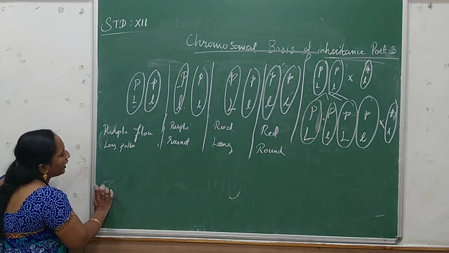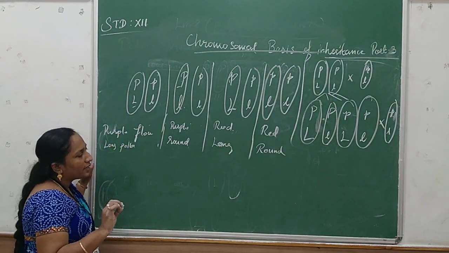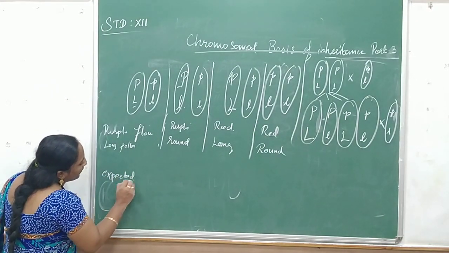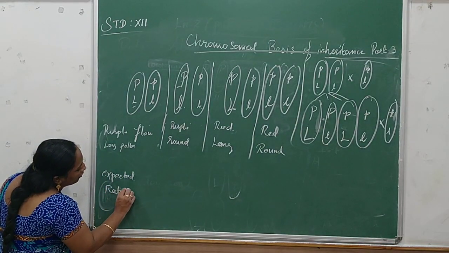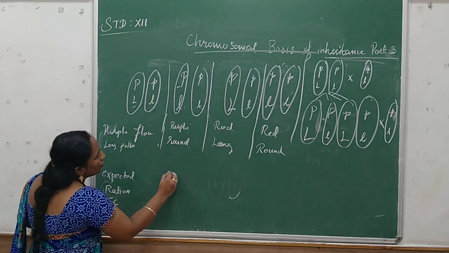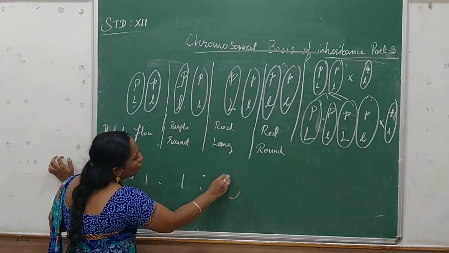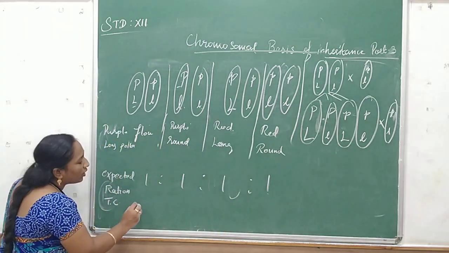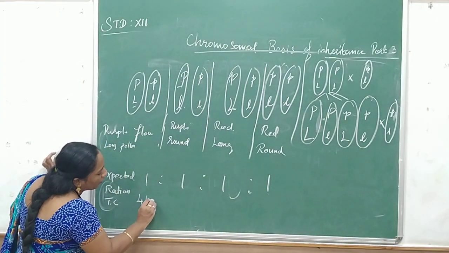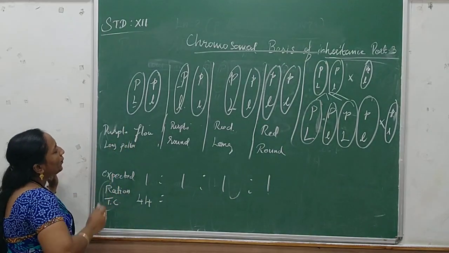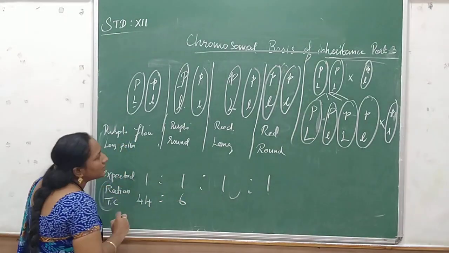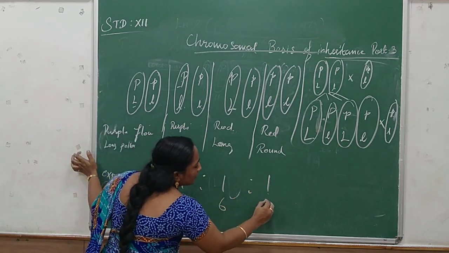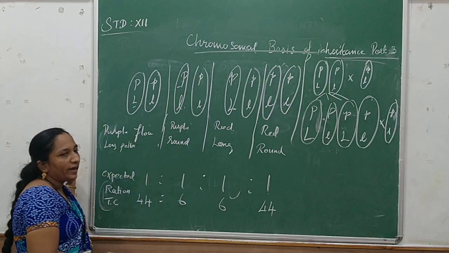Here, what ratio did they get? For a test cross, the expected ratio is 1:1:1:1. But instead of that, what they got in this research was 44 purple and long, 6 purple and round, 6 red and long, and 44 red and round.